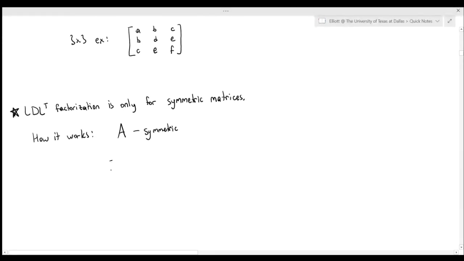All you need to do is find an LDU factorization for A. And the matrix U that you end up getting in the LDU factorization will automatically be equal to the transpose of L. So just get the LDU factorization, and if your A is symmetric, the U will be equal to the transpose of L, and hence LDU is going to become LDL transpose. All right.